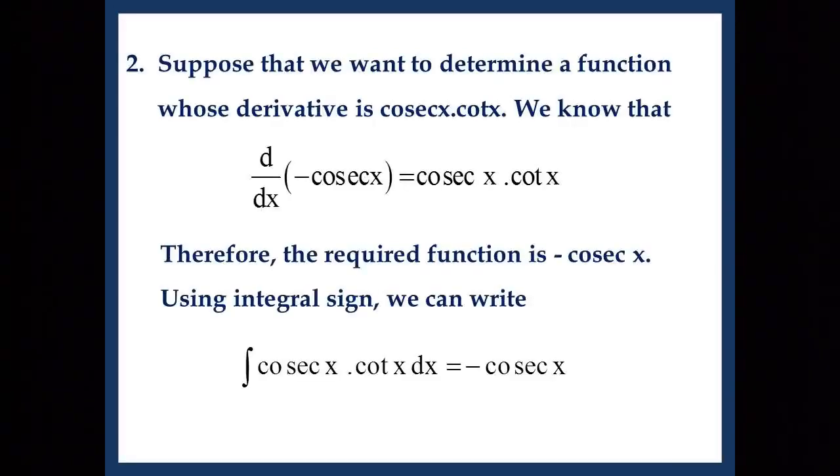Please do not read this as integral cosec x cot x into dx. We are not supposed to multiply by dx. dx tells us that the variable of integration is x. Actually, we can say that integral cosec y cot y dy is minus cosec y, because here the variable of integration is y, so we use dy.